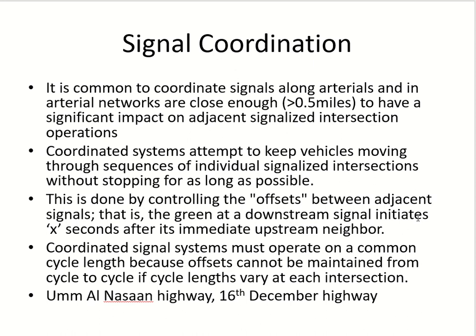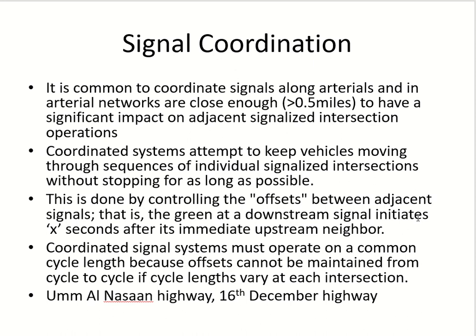The other condition is that these signals should be close to each other. If one signal is here and the other one is after 5 kilometers, you don't need to do any coordination, because in those 5 kilometers a lot of changes will happen. Drivers will slow down and accelerate.